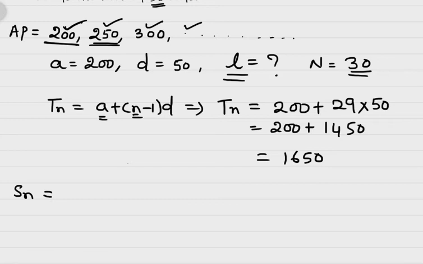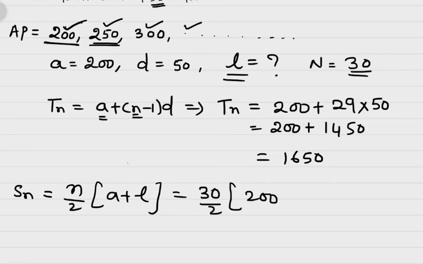It will be Sn equal to n by 2 into A plus L. So here n will be equal to 30. So 30 by 2, and the first day he was paying 200 and on the last day he was paying 1650. So 200 plus 1650.